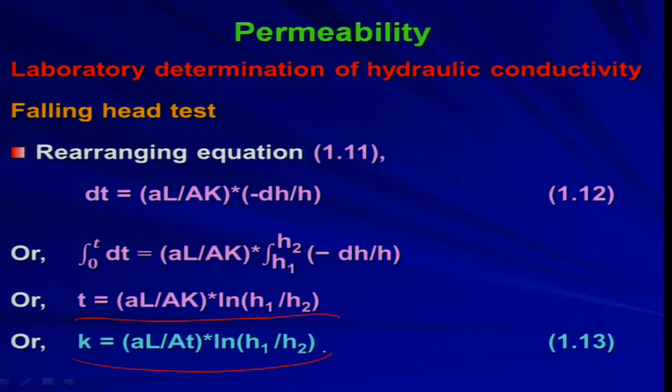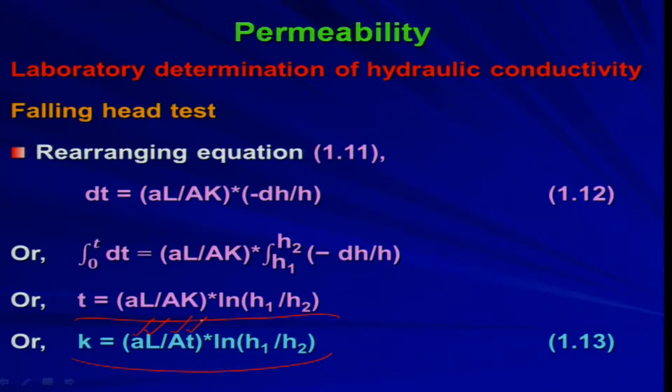me the hydraulic conductivity small k, where the terms are known to me because you know the cross sectional area of the standpipe, this is very standard. So, if you go to the laboratory you will see that standpipe, you can measure the standpipe cross sectional area or the diameter of the standpipe. So, you can find out the cross sectional area of the standpipe. So, L, that is also very standard. So, length of the soil specimen, A, cross sectional area of the soil specimen, that also you can measure.